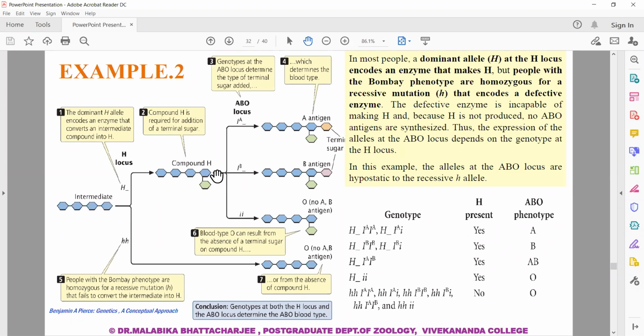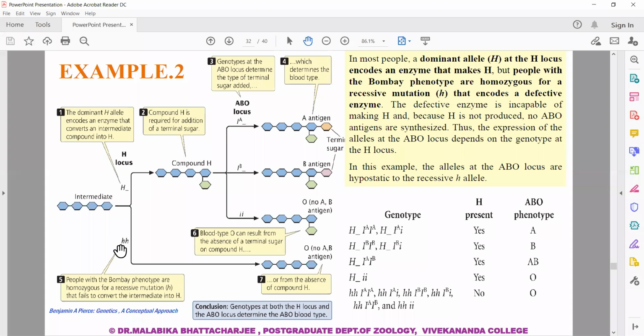And if no H compound is produced, then even if there is an IA allele, it will not be able to add A antigen, or the IB allele will also not be able to add the galactose terminal sugar.